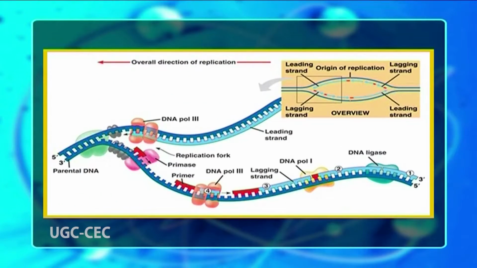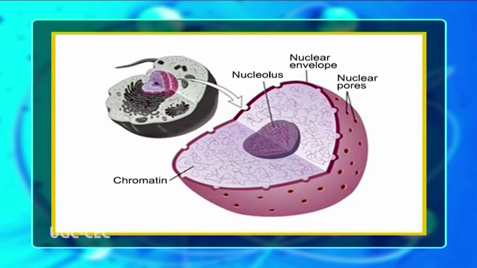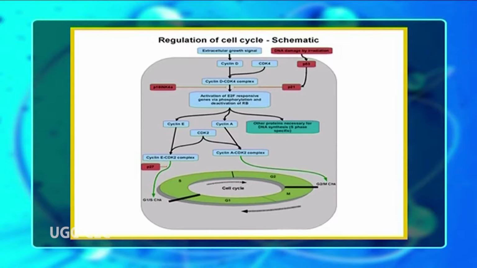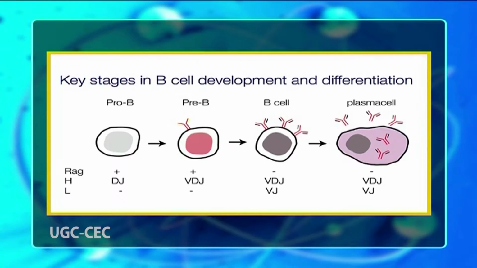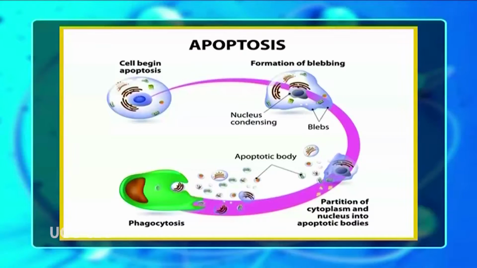It is involved in most nuclear activities including DNA replication, RNA transcription, nuclear and chromatin organization, cell regulation, cell development and differentiation, nuclear migration and apoptosis. Specific mutations in nuclear lamina genes cause a wide range of heritable human diseases.